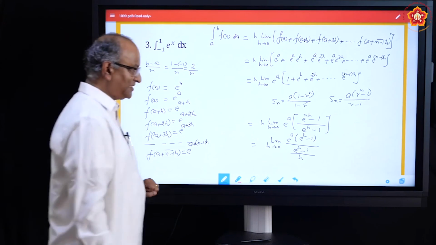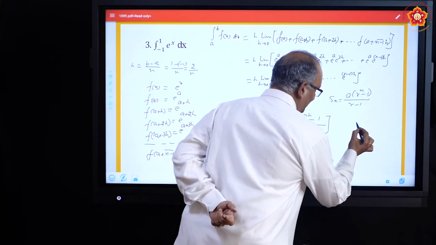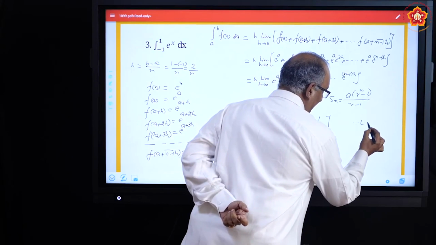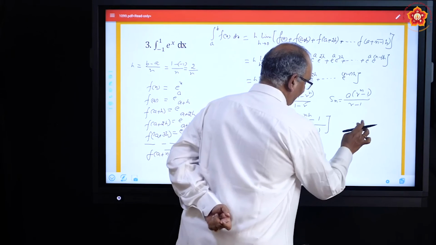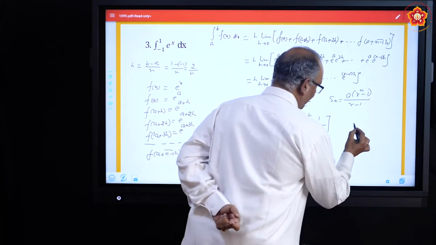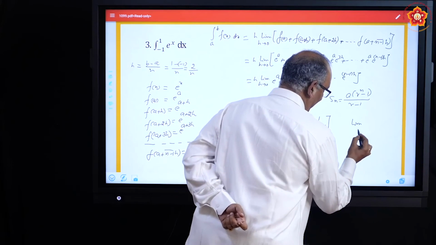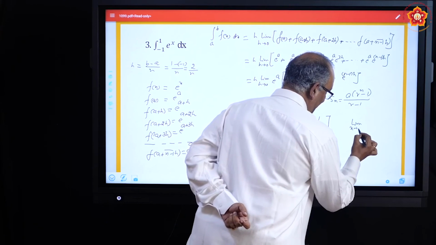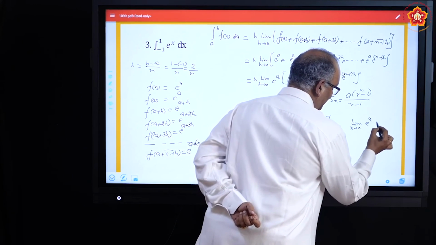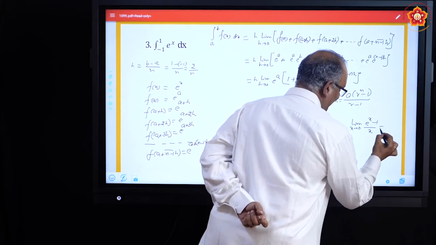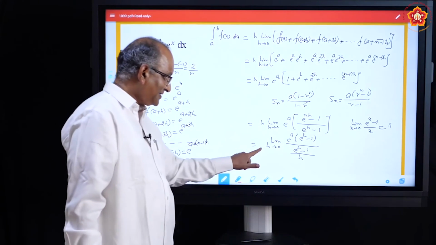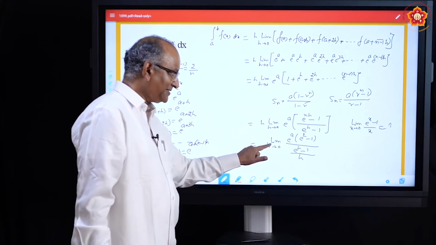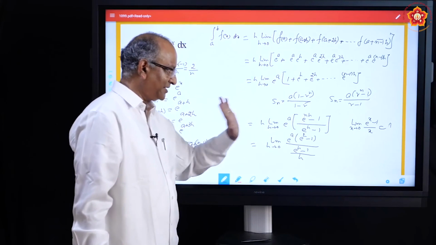What is the formula we studied? The formula is limit x tending to 0, (e to the power x minus 1) by x is equal to 1. We use that formula here. H tending to 0. Remember this h tending to 0 is for numerator as well as denominator.